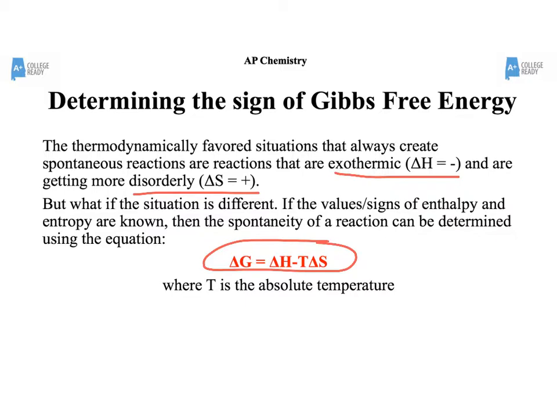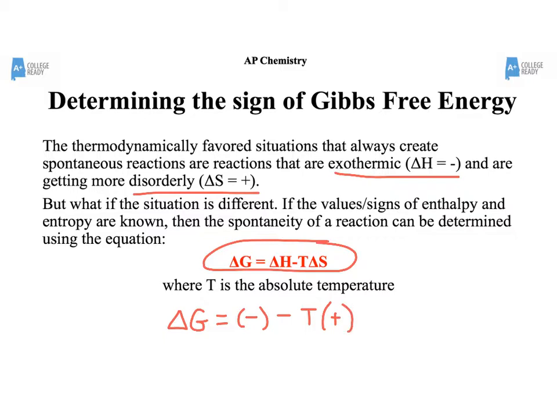So what if we are talking about a general reaction, meaning one that is exothermic, so delta H is negative, and it is getting more disorderly, meaning delta S is positive?